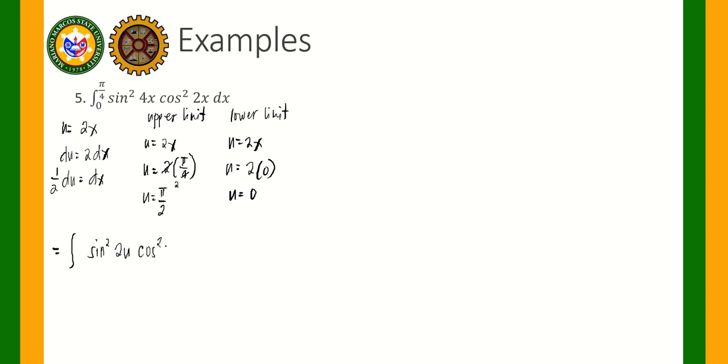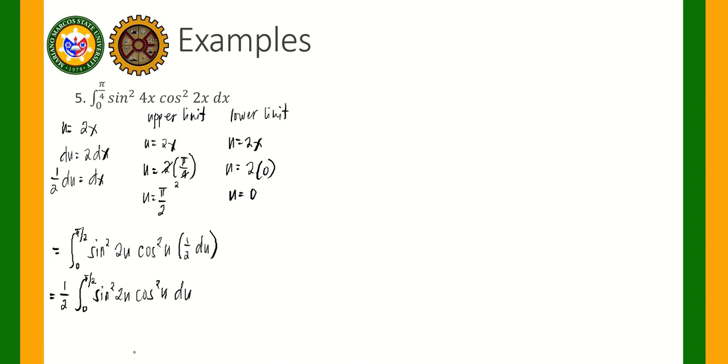Multiplied by cosine squared u. Dx natin is 1/2 du. Limits natin is from 0 to pi over 2. And we can isolate si constant that will be equal to 1/2 the integral of sine squared 2u cosine squared u du, limits from 0 to pi all over 2.